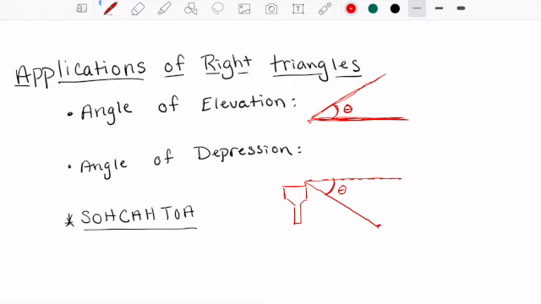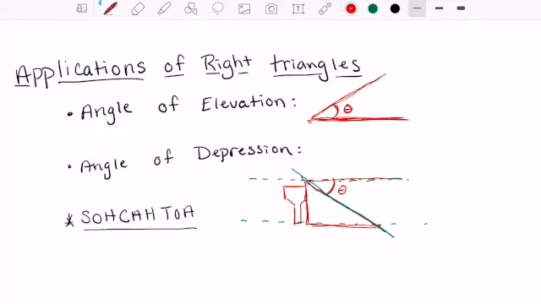Now, this doesn't help me at all if I'm trying to figure out maybe the height of the tower, okay? So notice, going back to our old geometry skills, I have two parallel lines, and this is a transversal. If you need a review on that, check out the video of parallel lines cut by a transversal, and the different angles are in there.